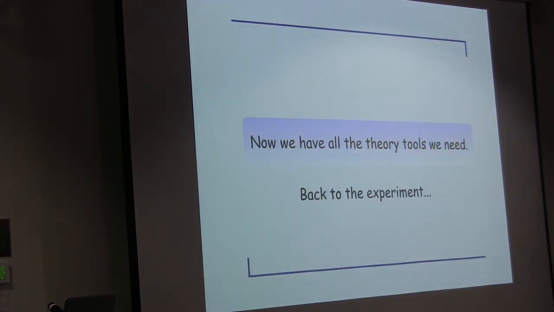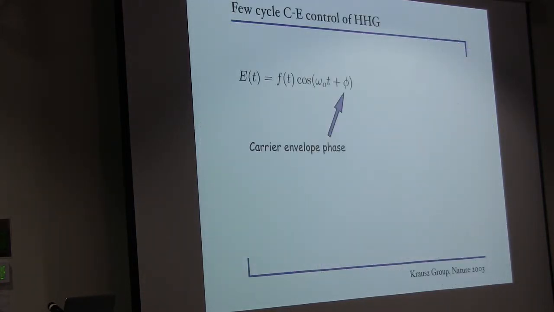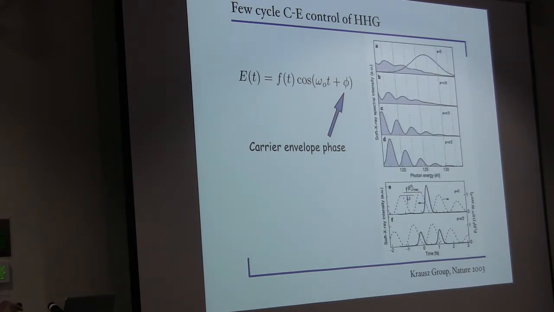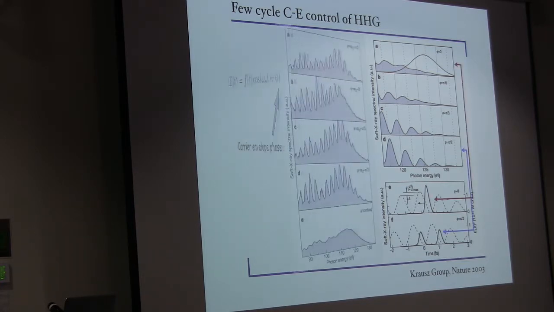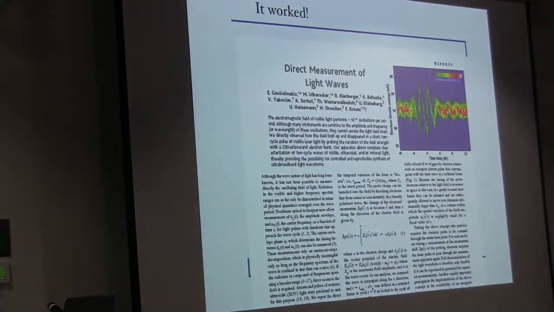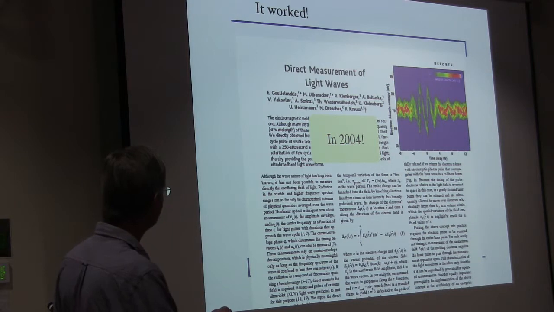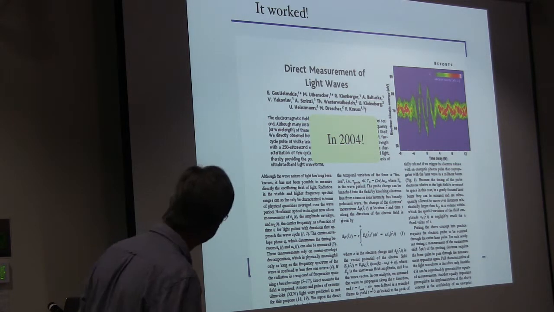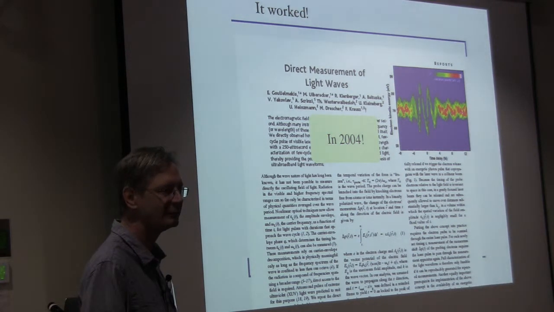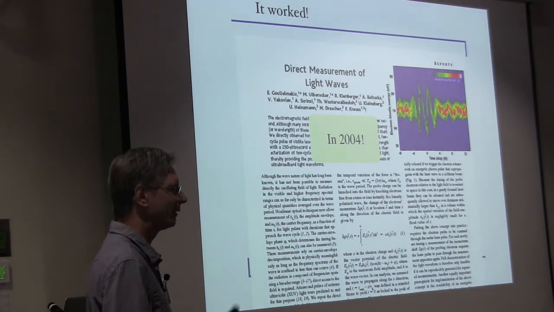Now we have all the needs, back to the experiment. So the experiment in 2001, they say we're going to do carrier envelope control, we're going to pick the right phase, we're going to get only one pulse, and that works. And here's the experiment that was published in Science in 2004, where they did this.